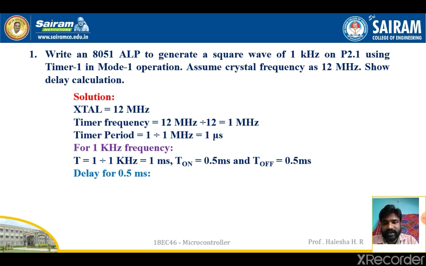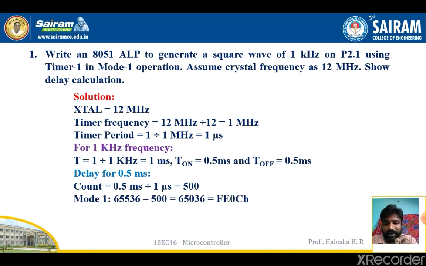For that we need to calculate the count value. The required delay is 0.5 millisecond, divided by the time period of a machine cycle, which is equal to 500. Now with this value we need to find out the initial value to be loaded into the timer low and timer high registers.